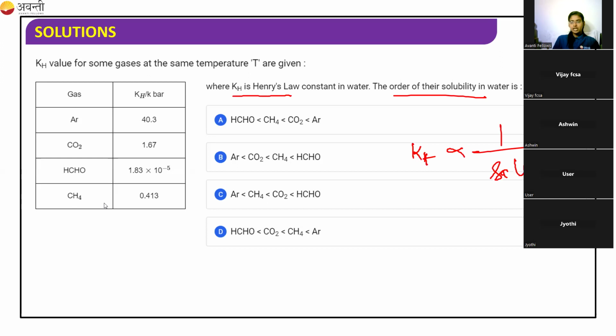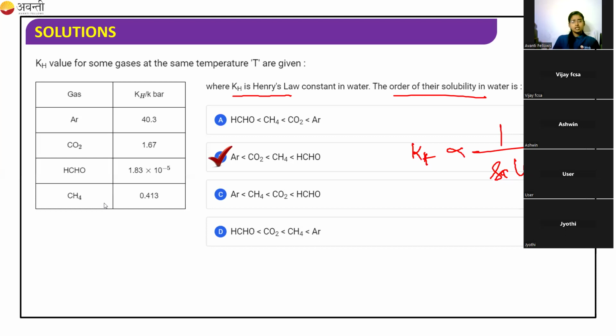So according to this relation, which one will be the correct answer? Option B. Very good, so option B is the correct answer. The one which has the highest KH value is least soluble.